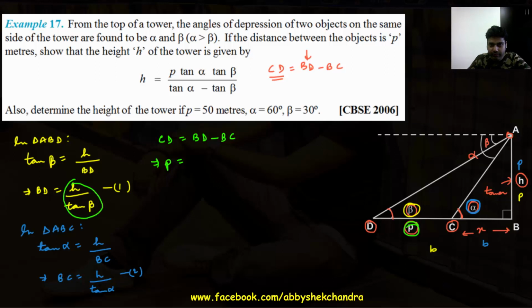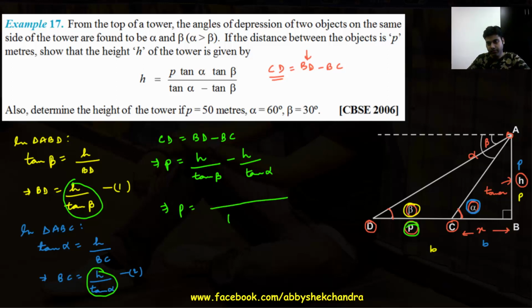BD is this, H by tan beta. What is BC? BC is this, H by tan alpha. Or P equal to, take the LCM. LCM would be tan beta into tan alpha.